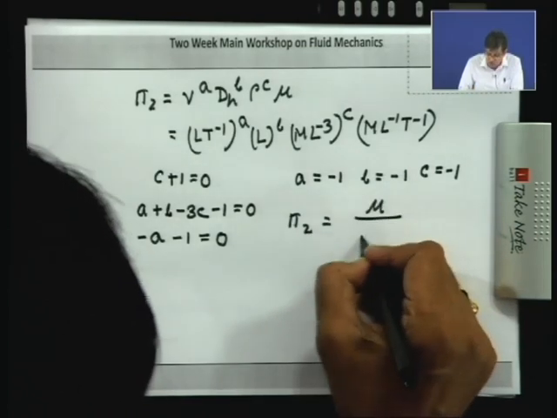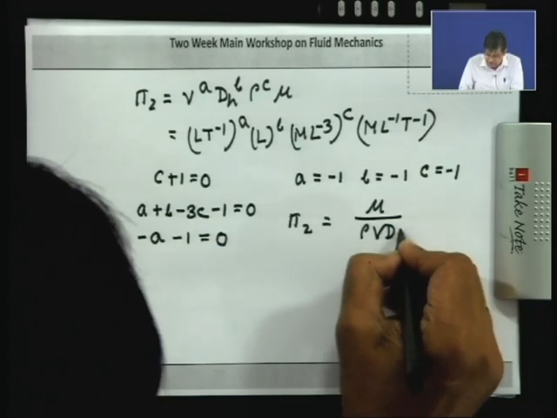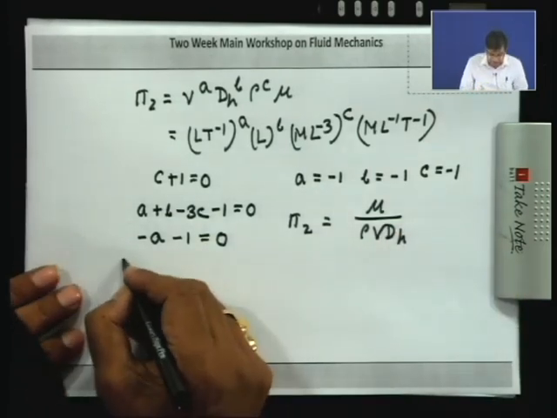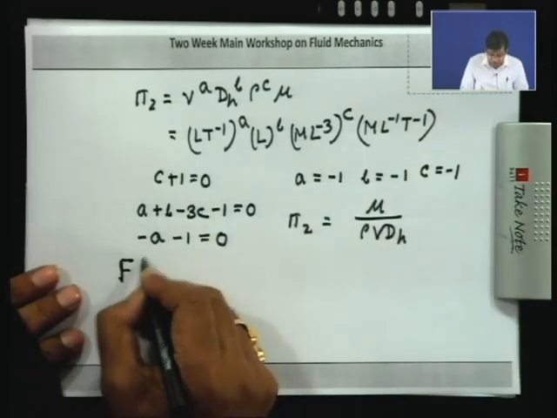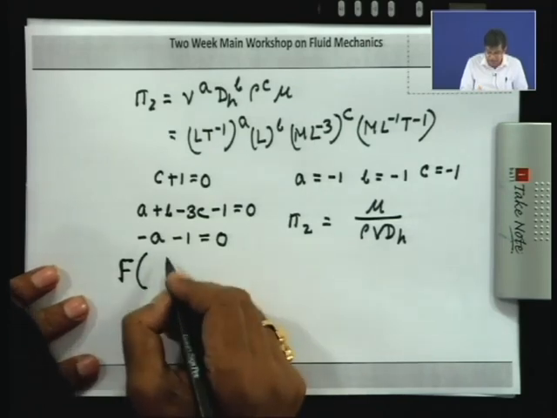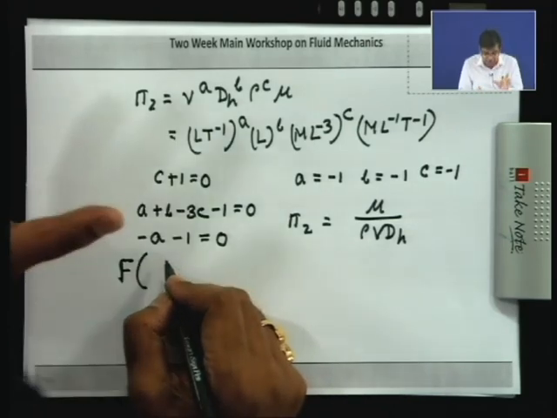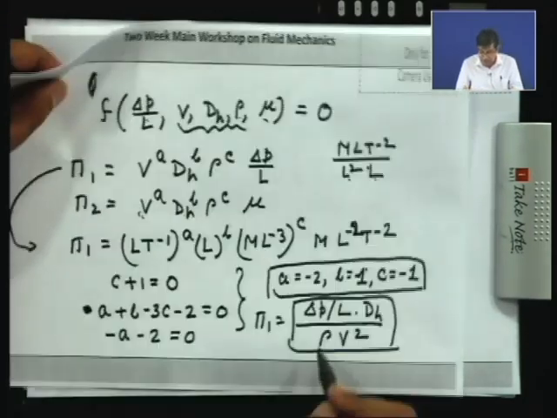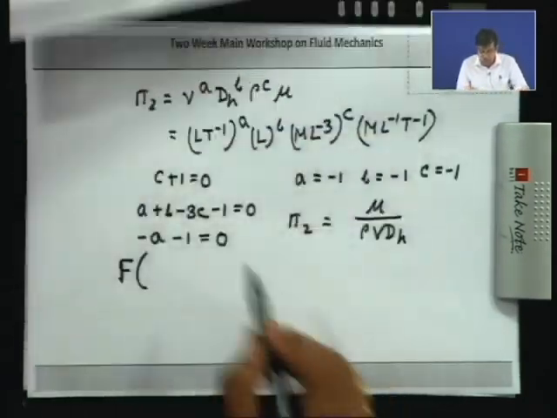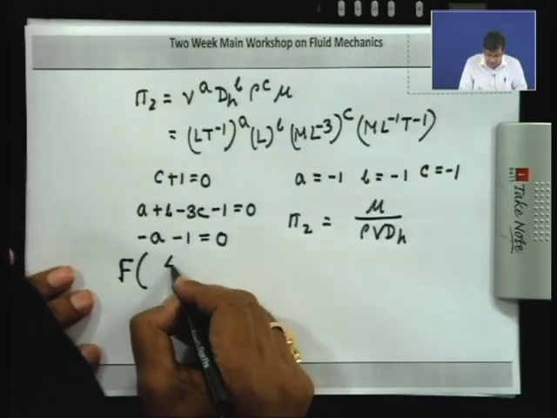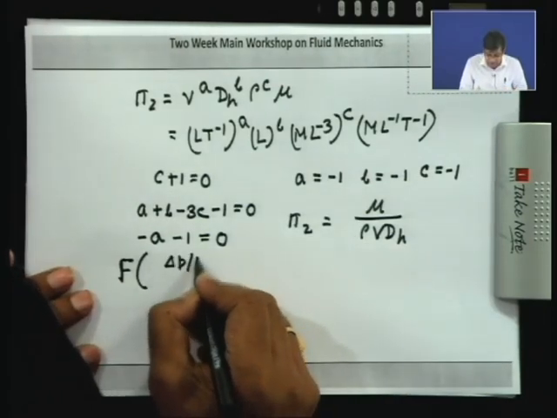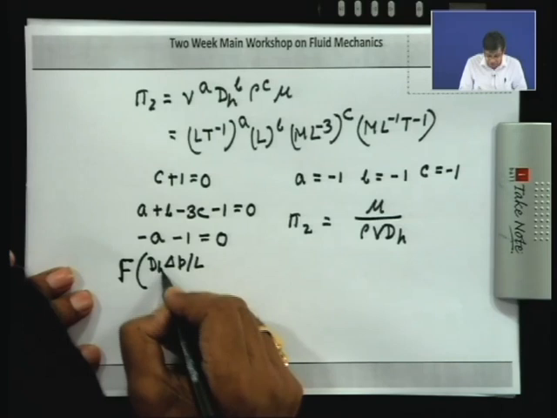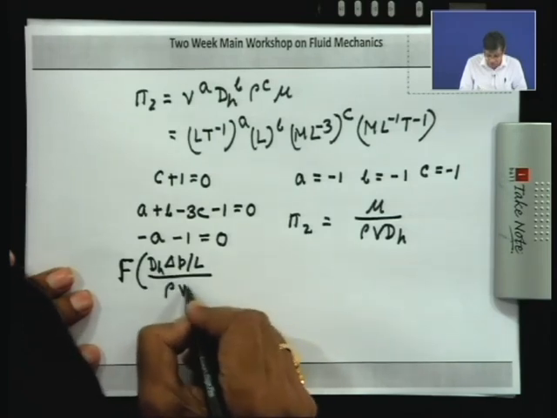That means we can tell the problem can be defined by a function of 2 pi terms. According to Buckingham's pi theorem, it was 5 variables, but now it is reduced to 2 pi terms, pi 1 and pi 2. That means delta p by L, dh I write first, divided by rho v square.